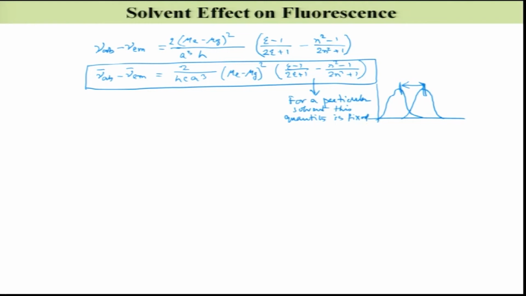So, for a particular solvent I get some value of this, and what about this part? This part is a constant, right. It has a particular radius of cavity a, h is constant, c is constant, so it is a constant. So, this difference between absorption and emission maxima is guided by the dipole moment of the species, and this is simply because of the differential solvation of the ground and the excited state, right.